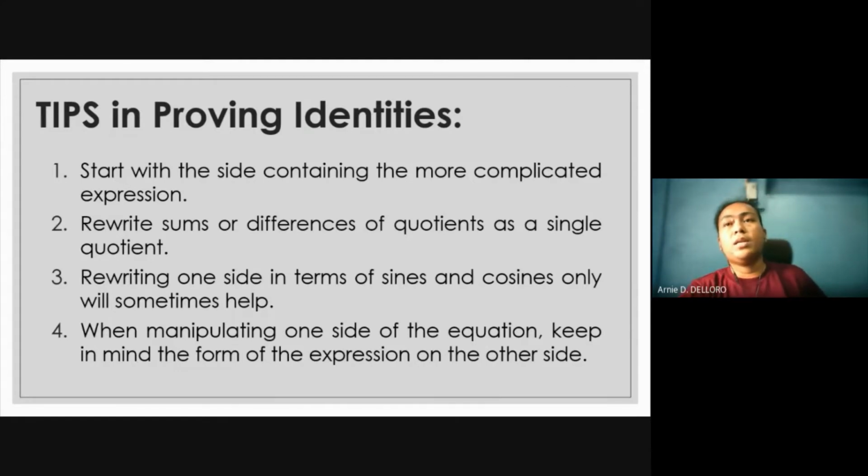Kaya sabi ko sa inyo kanina, you may prove only the left side para maging equal siya sa right side, or you may manipulate the right side para maging equal sa left side, or you may manipulate both sides of the equations. Okay?